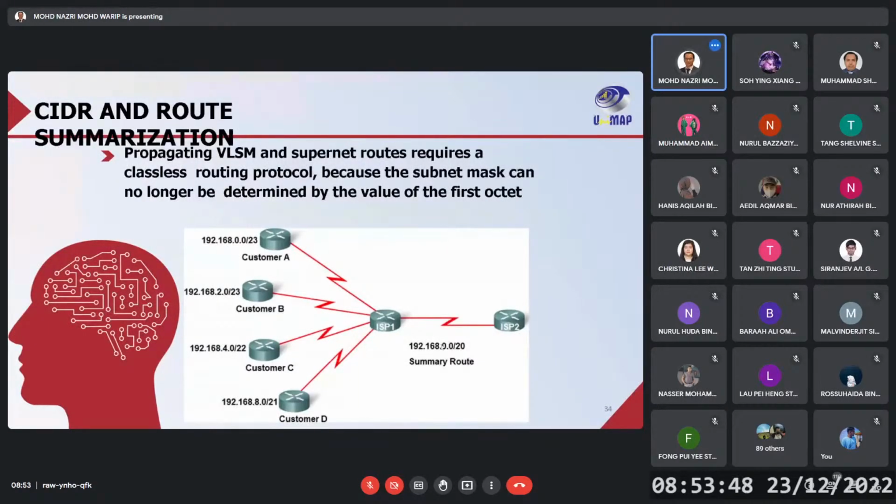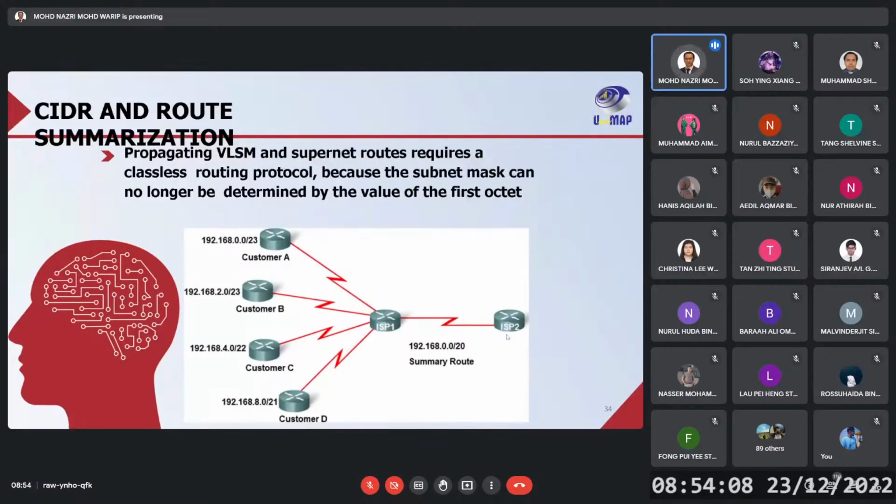Okay, but for this like 0.0, 2.0, 4.0, 8.0, ISP2 doesn't know this. They don't know this IP address. The only thing is this router knows what is inside /20.